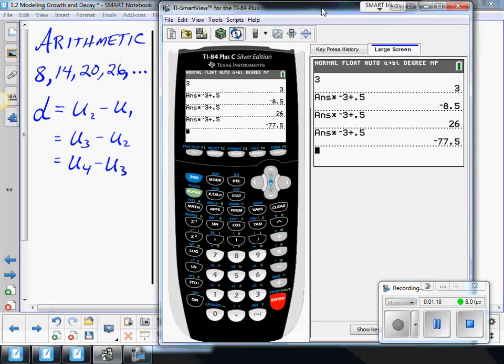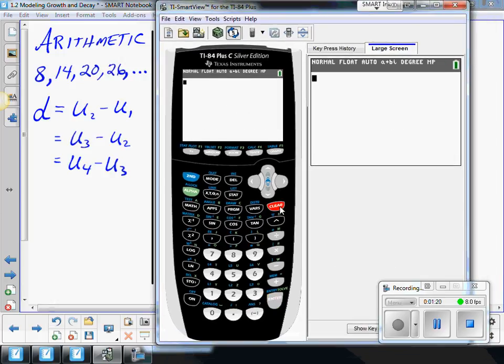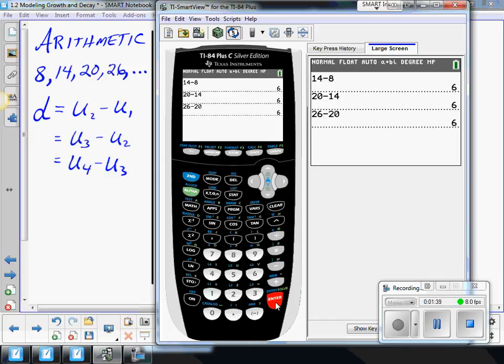So you go over to your calculating device and you take 14, which is the second term, minus 8, and you get 6. Then you take 20 minus 14 and you get 6. Then if you still need your calculator for it, you do 26 minus 20, which is 6.